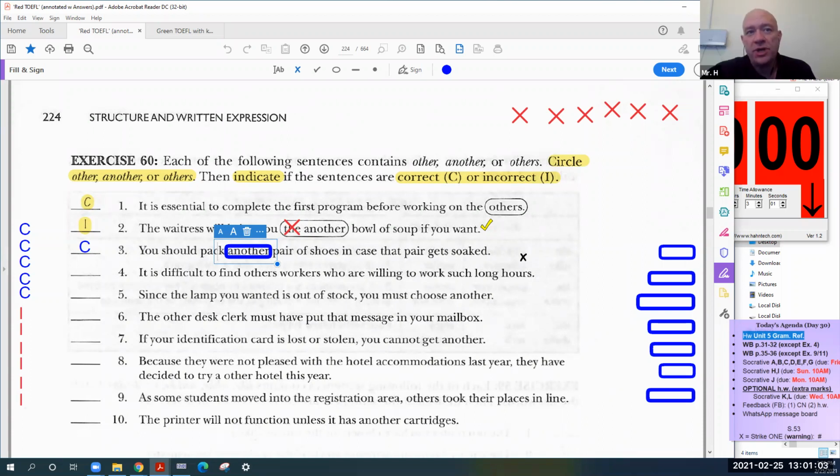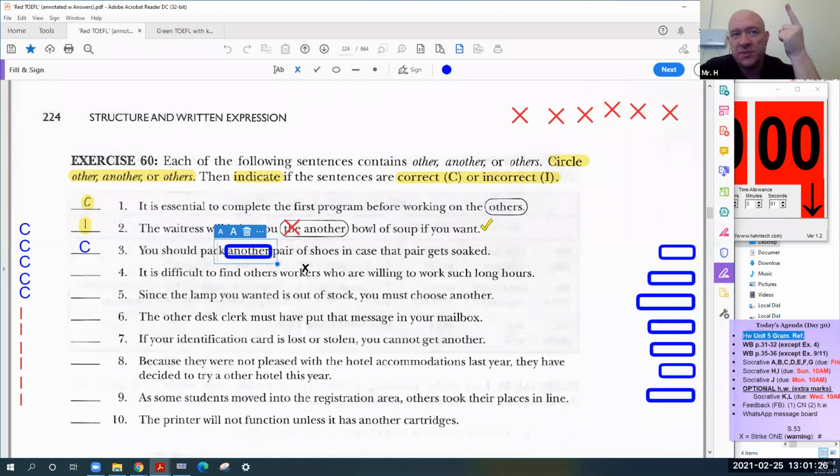Now, why did you choose another? What are the 3 things? First of all, tell me, singular or plural? Singular. You remember yesterday we learned the word pair, right? So one pair, that's singular.